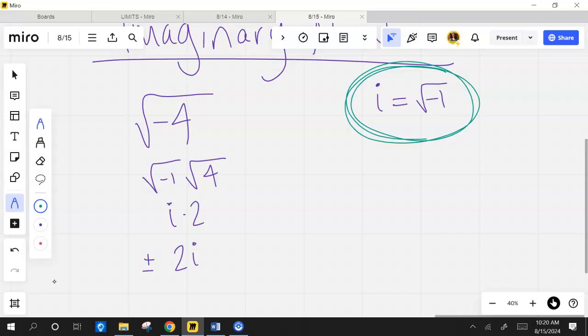If I know that, then I can split up the square root of -4 as -1 times 4, because I don't know how to take the square root of a negative number. But if I take that negative out, and I replace the negative with the i, I can take the square root of 4. Okay? So the takeaway here is if you have a negative under the radical, drop it.